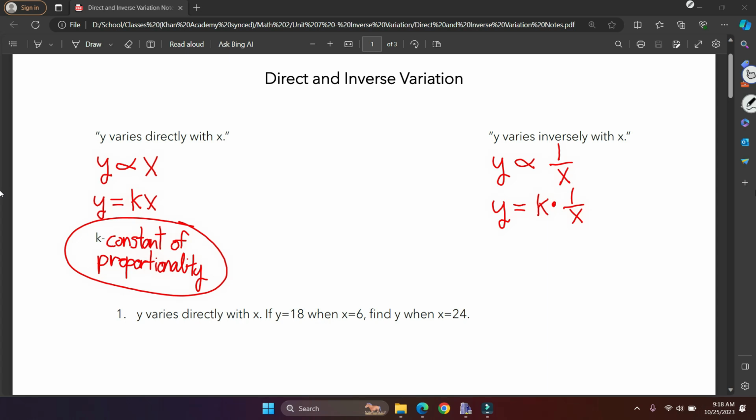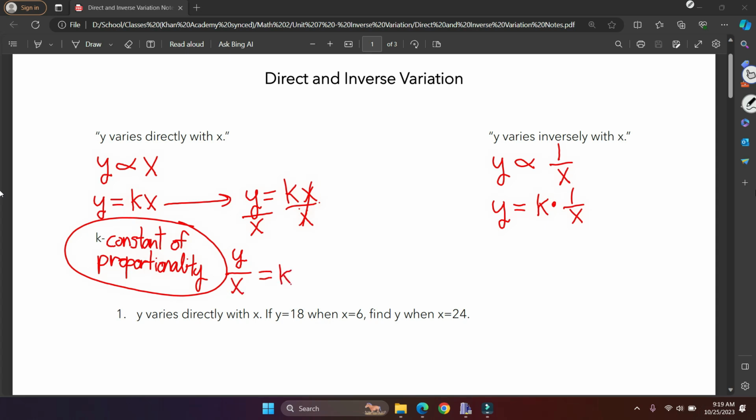If I take my equation on the left, y equals k times x, and I solve it for k, let me write it out here. Okay, so I need to solve for k, so I'm going to divide each side by x. And what that tells us is that the ratio of our y and x value is always constant.